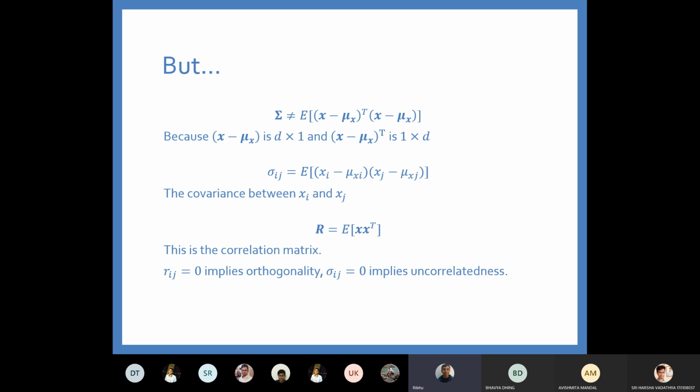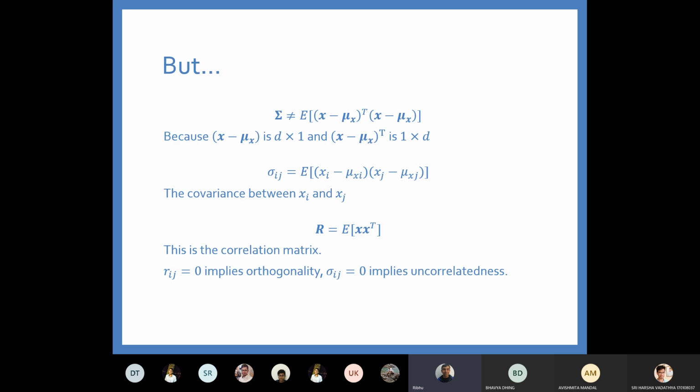So thank you, Shri. And moreover, the fun thing is that the notion of uncorrelatedness or that of independence in case of Gaussian random variables is actually governed by the covariance and not the correlation.